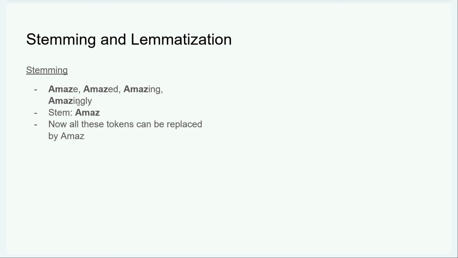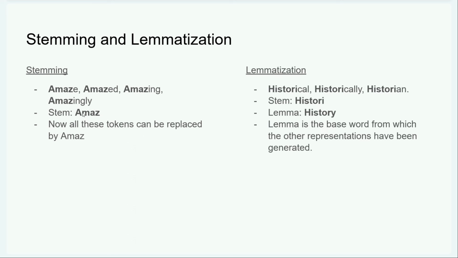So the stem here is "amaz", AMAZ. Now I can just replace all of these tokens by "amaz". So if the word "amaze" is written differently in all my different sentences, I don't need to store all these four tokens. I can replace them with just one token. So I'm again reducing my vocabulary size.